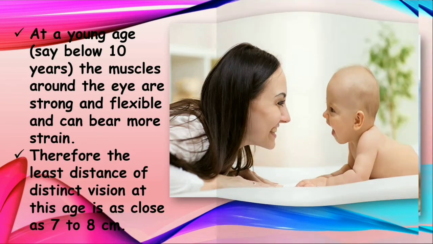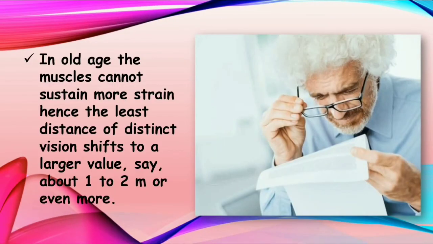And in old age, the muscles cannot sustain more strain, hence the least distance of distinct vision shifts to a larger value, say about 1 to 2 meters or even more. So this is all about the least distance of distinct vision and measuring things.